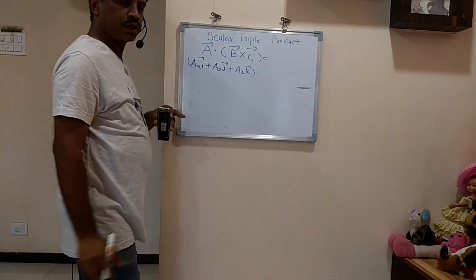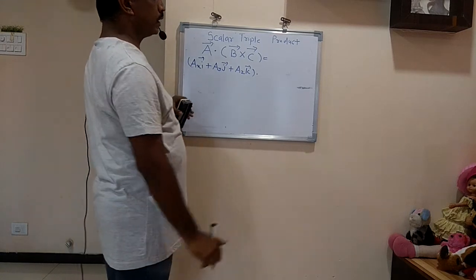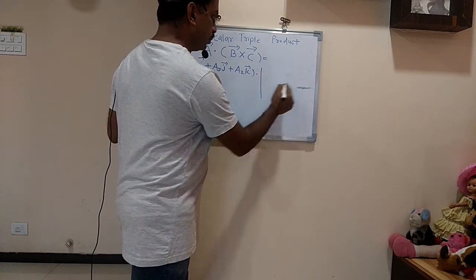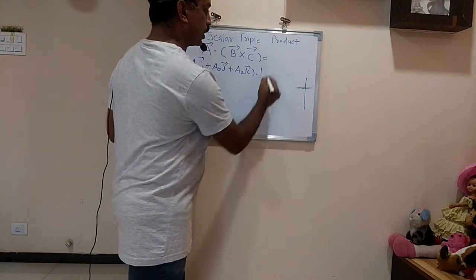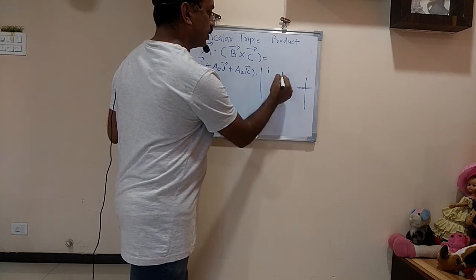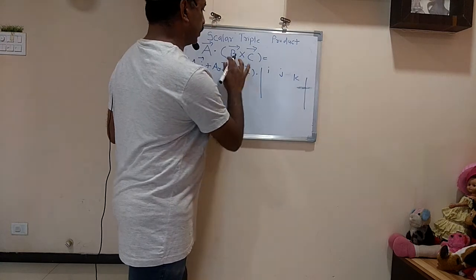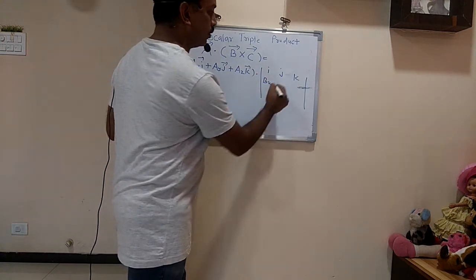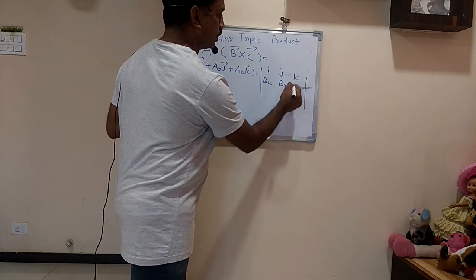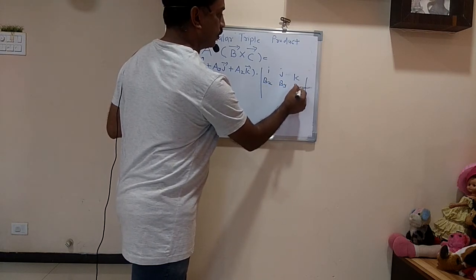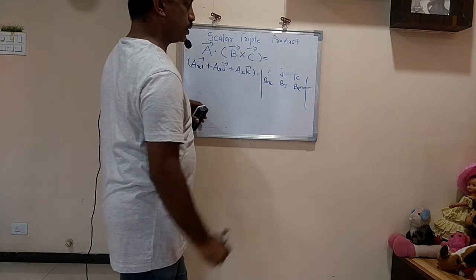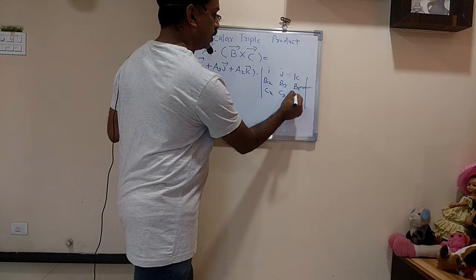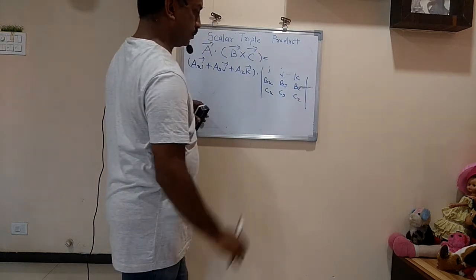Already we know that B cross C can be written in the form of a determinant, with rows i, j, k; then the x, y, z components of vector B: bx, by, bz; and in the same way cx, cy, cz.